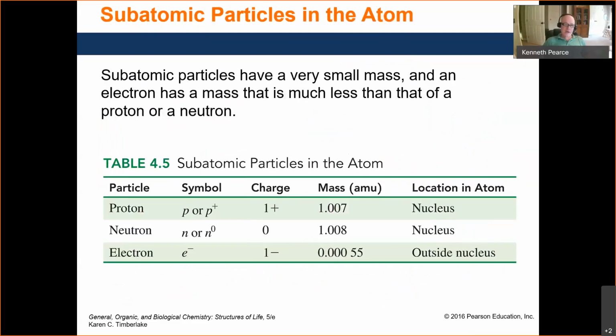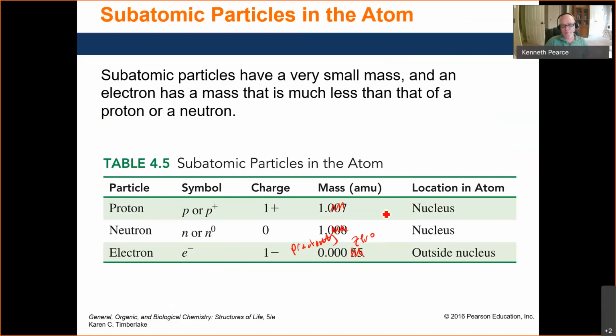Now, this table here, which is in your textbook, you need to memorize this table. You don't need to memorize the decimal digits of the mass. And this, you can say, is practically zero, or negligible. That's what that means when we say it's practically zero for the mass.